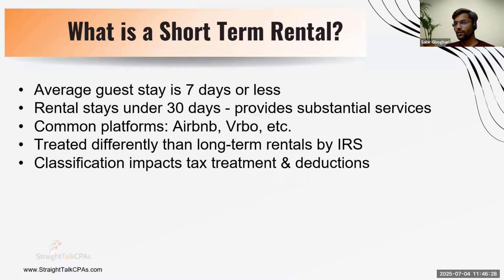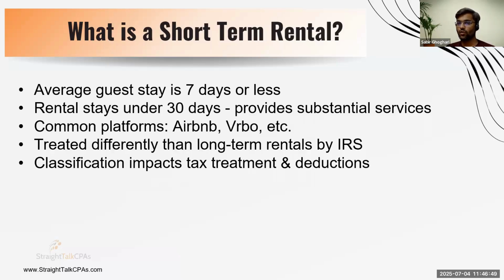Now, if it goes above 7 days but still stays below 30 days, then it will be termed a short-term rental, but you have to provide substantial services. You must be wondering what the substantial service is. This is like hotel services, where you provide maid service, cleaning services, meals, and other.